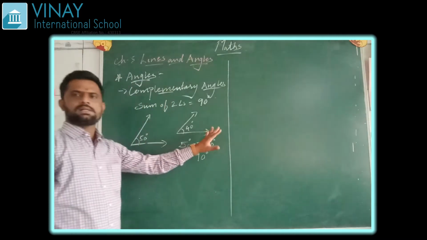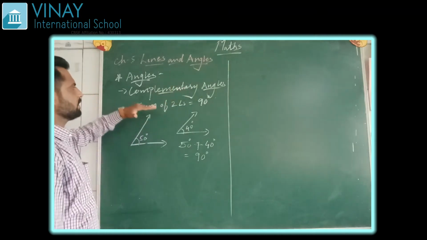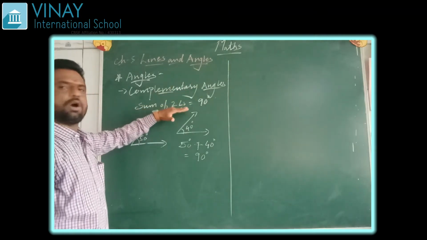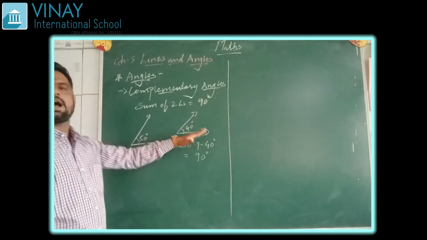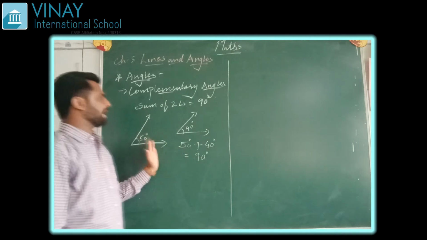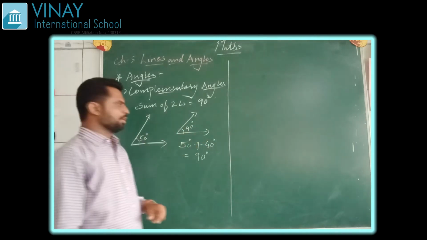These two angles are said to be complementary angles because when the sum of two angles is equal to 90 degrees, they are known as complementary angles to each other.